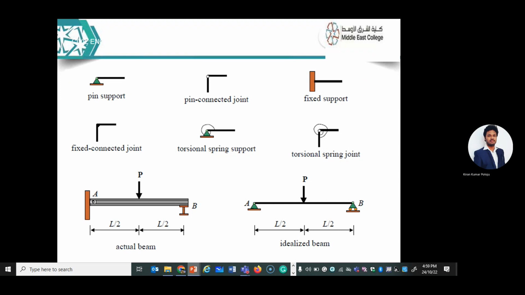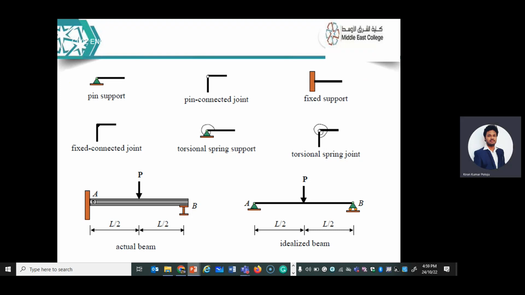Fixed beam, both sides fixed. Continuous beam, when there are more than 2 supports. Overhanging beam, sides are hanging without support.